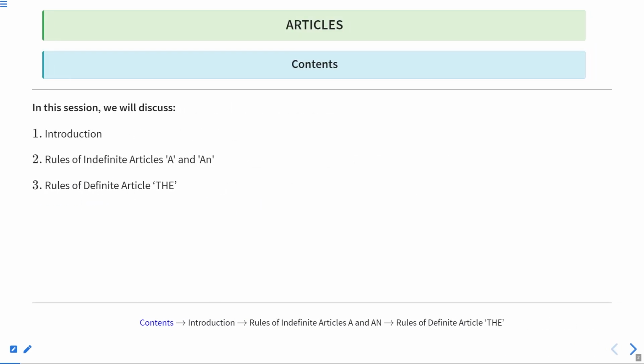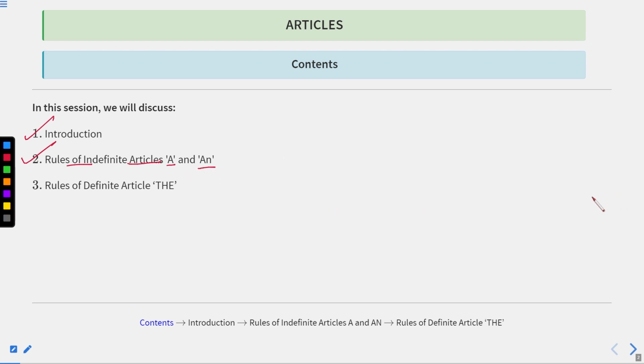Okay, so first of all, let us discuss what we are going to discuss in this session. The contents of this session are as follows. First of all, we'll discuss the introduction of articles. It means we will define articles and see the introduction of this chapter. After that, we'll discuss some rules of indefinite articles, that is either a or an.